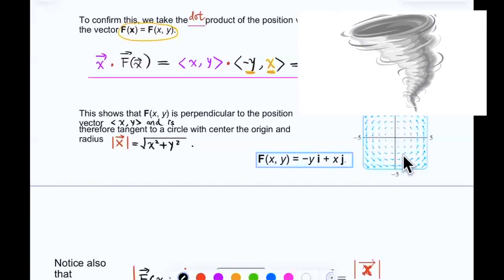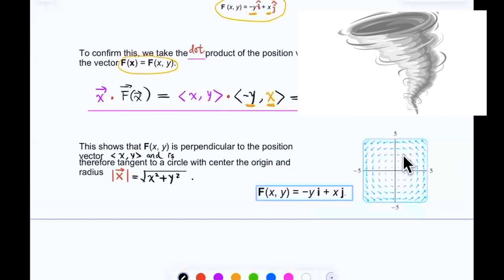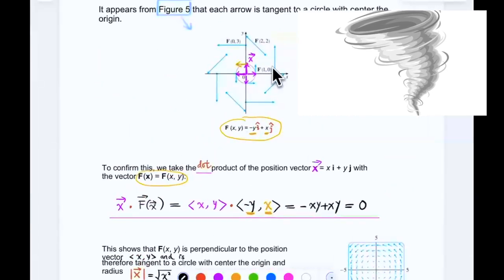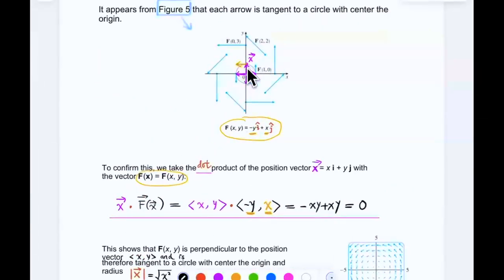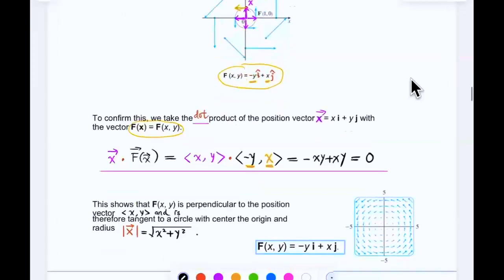Also, when it's closer to the origin, the magnitude looks smaller, and the further away, the magnitude gets bigger and bigger. Tornado, yeah, that's a good expression.